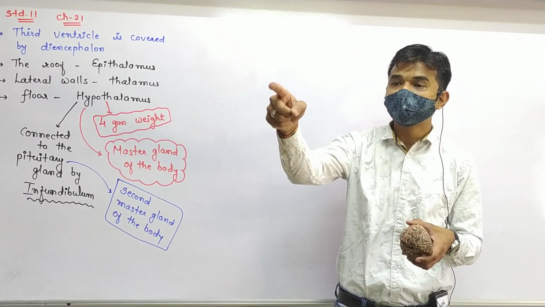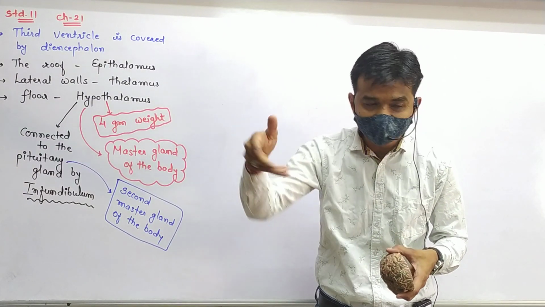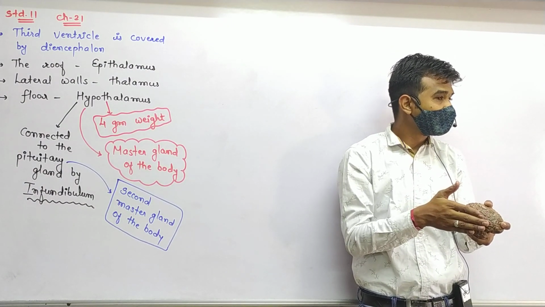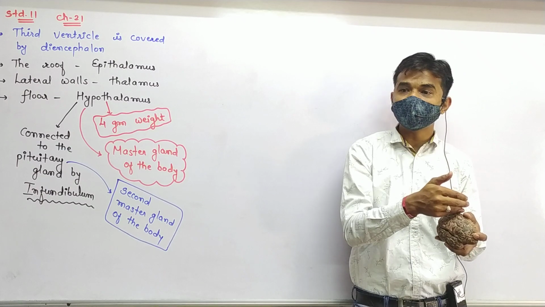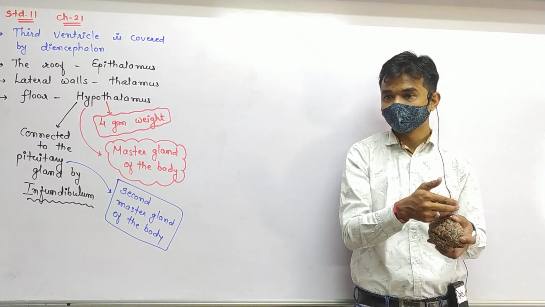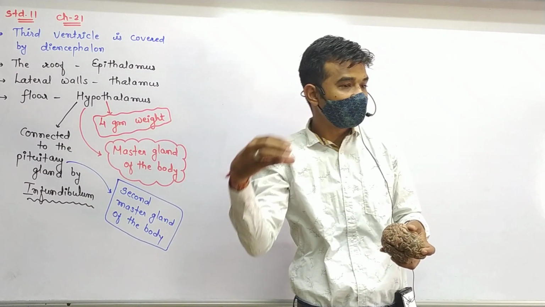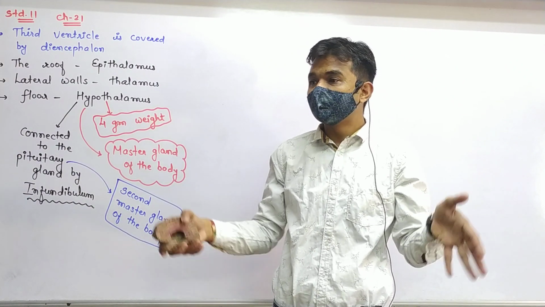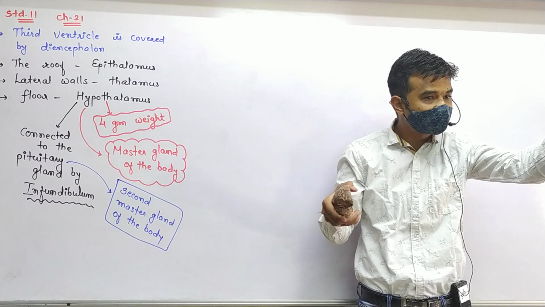The frontal lobe is protected by the frontal bone of the skull, and similarly the parietal lobe is covered by the parietal bone. You know that we have one frontal bone, which covers both the frontal lobes.